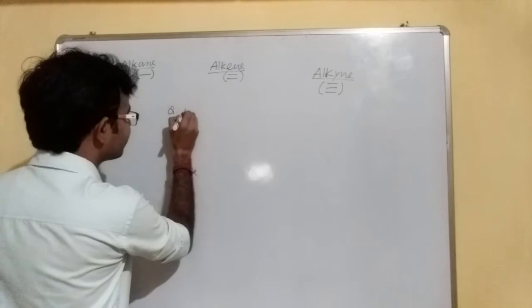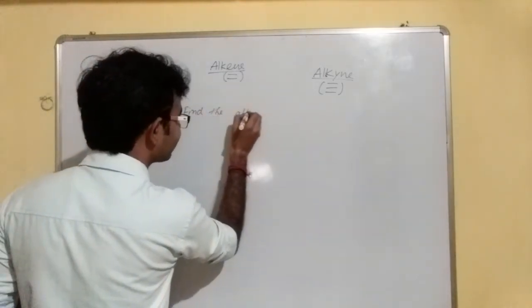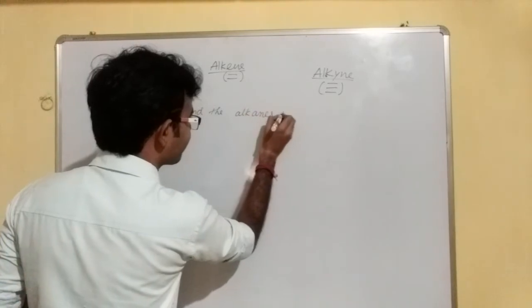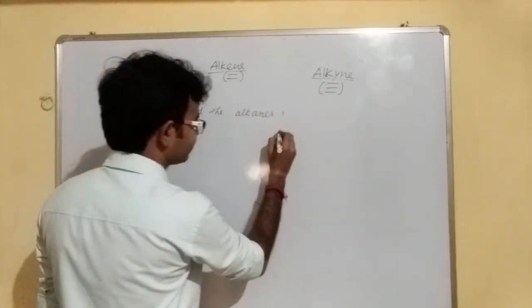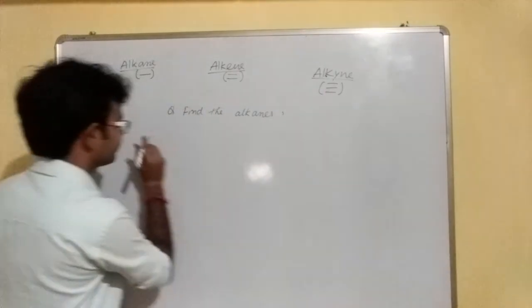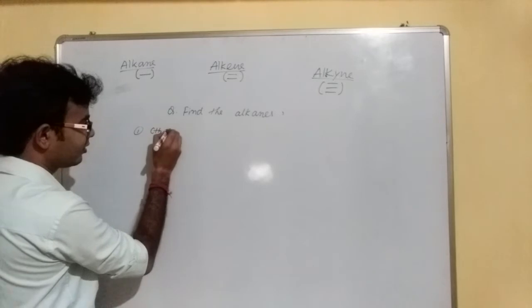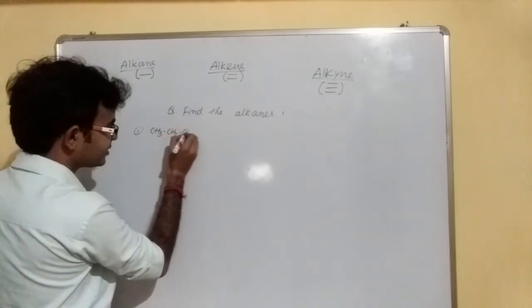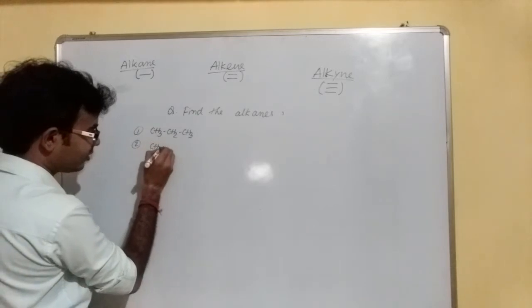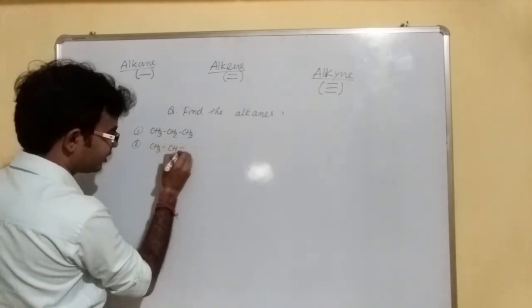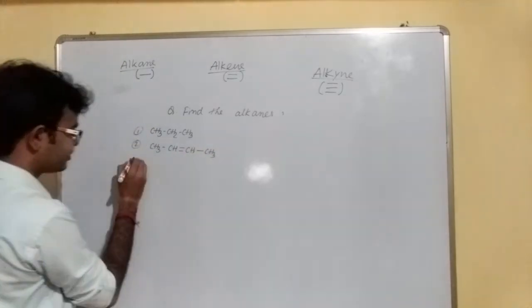This question: find the alkanes. Now here, number one, CH3, CH2, CH3. Number two, CH3, CH double bond, CH single bond, CH3.